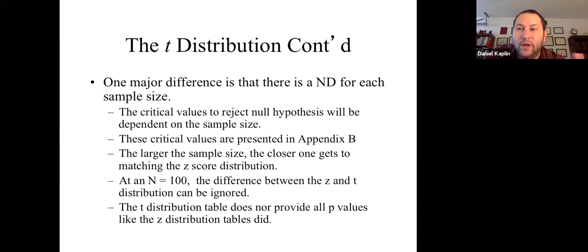Now, what we will notice, though, is that as the sample size gets larger, we start to see z and t get closer and closer together. So the critical value for z, as we saw, for a two-tailed test is 1.96 plus or minus. And for a one-tailed test, we said it was 1.65 in the same direction of whatever our hypothesis was. Now, if you have a sample of 100 or more, then the difference between a z-score and a t-score is fairly negligible.